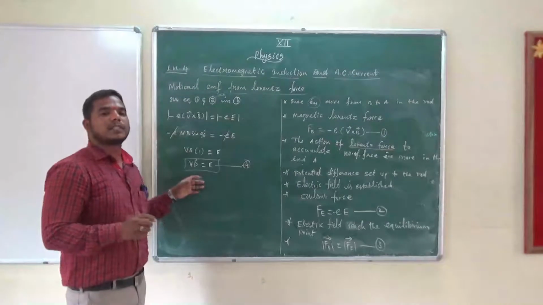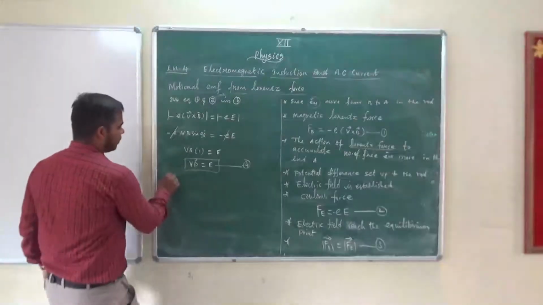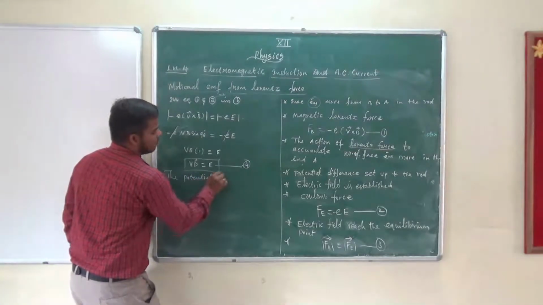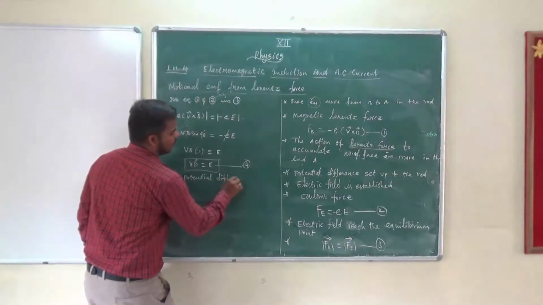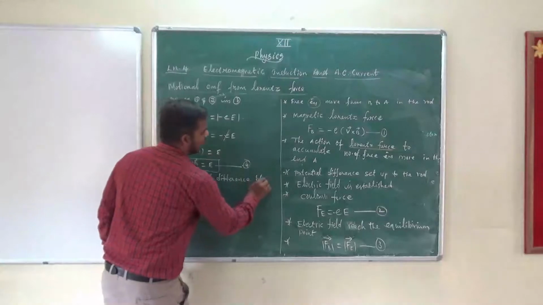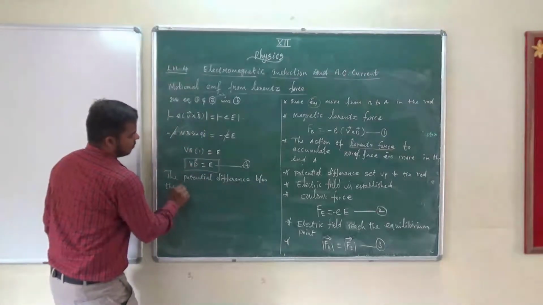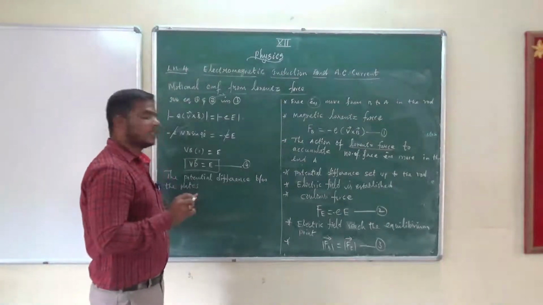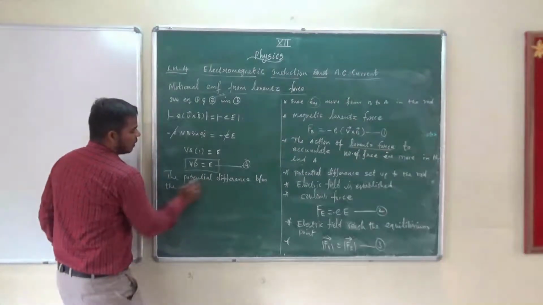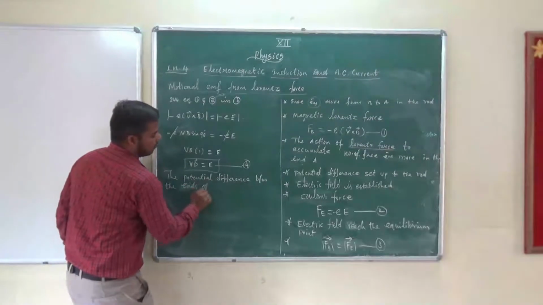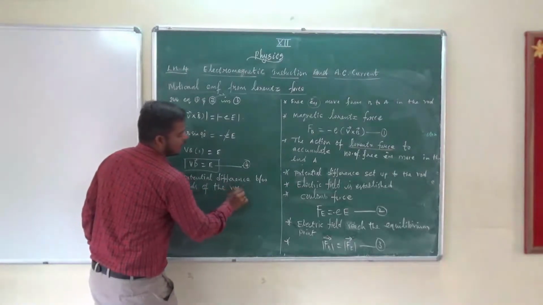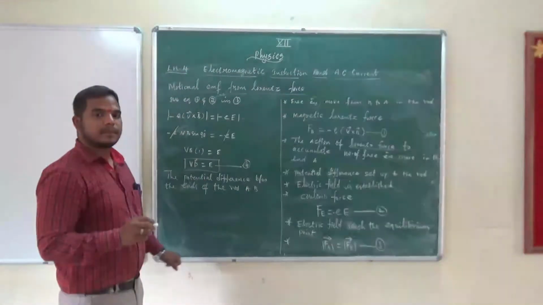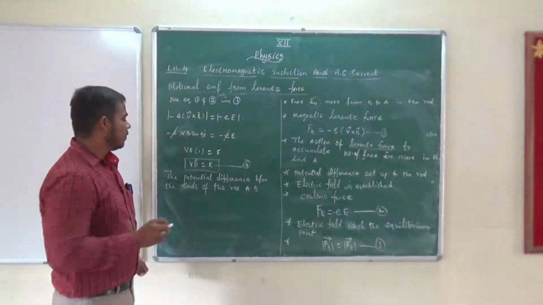Next step. The potential difference between the ends of the rod AB generates the electric field.